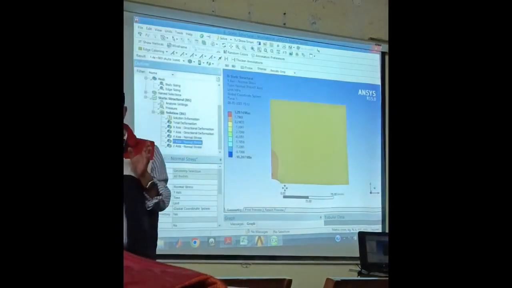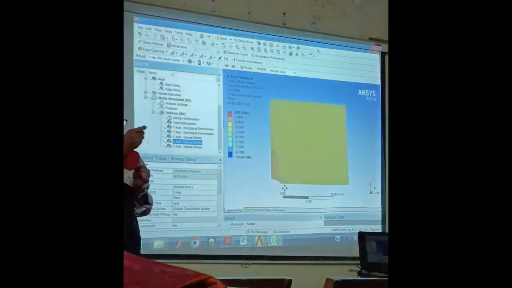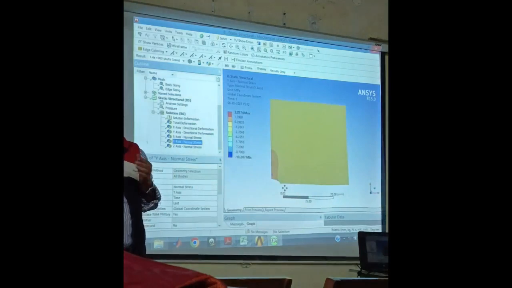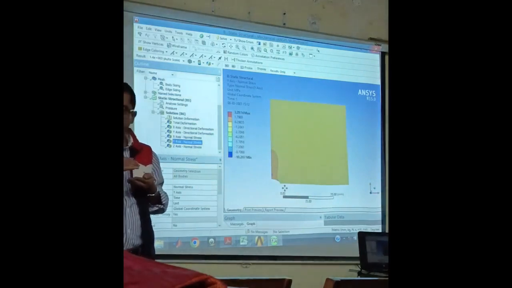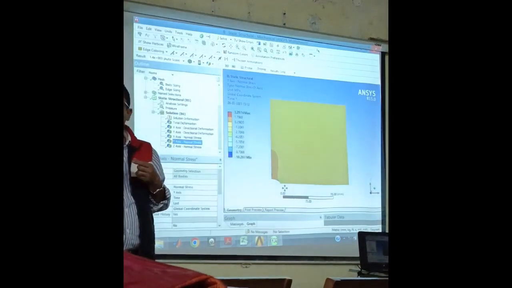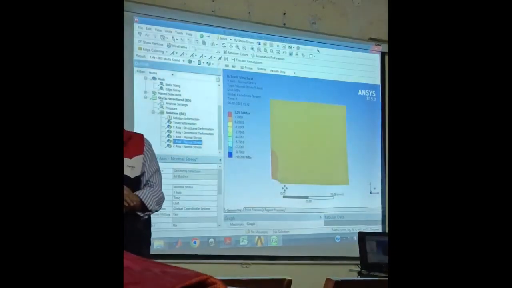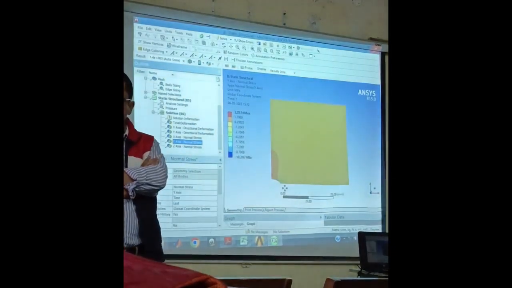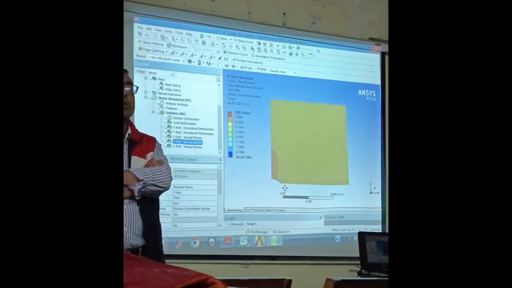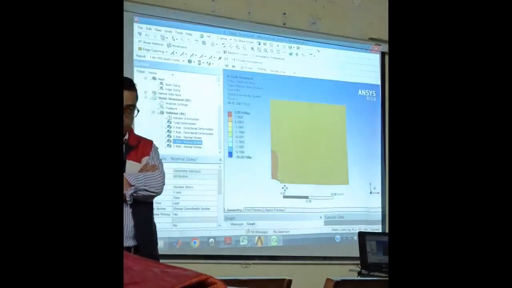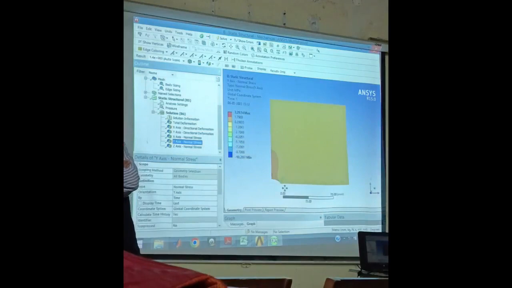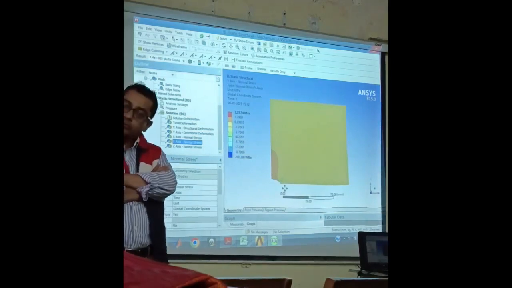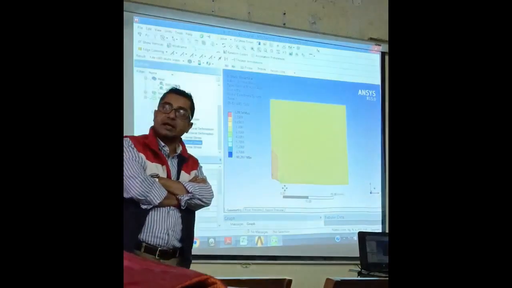Now you know this from third semester, thin plate or shell, no? Yes. For hoop stress and axial stress, which one is maximum? Axial stress and hoop stress, which one is maximum? No, that is not axial stress. Hoop stress was maximum, 2 times the axial stress.